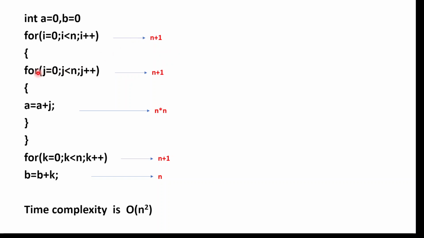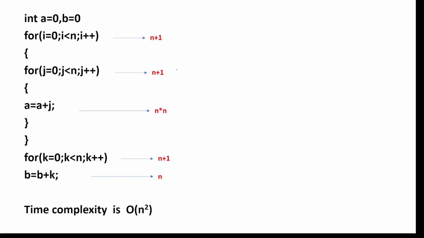You have an inner for loop for j equal to 0, j less than n, j plus plus. Again it will execute n plus 1 times. We have a statement inside the inner for loop. So each time this statement will be executed for j equal to 0, j less than n, j plus plus, and for each value of i. I have missed one thing here, I'll just add it on with this.